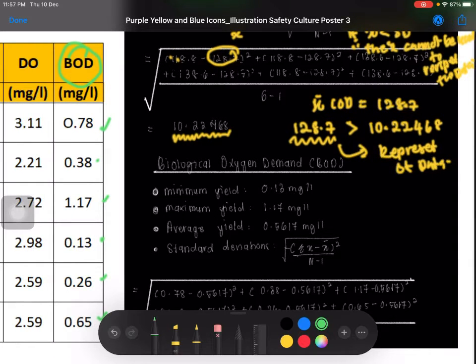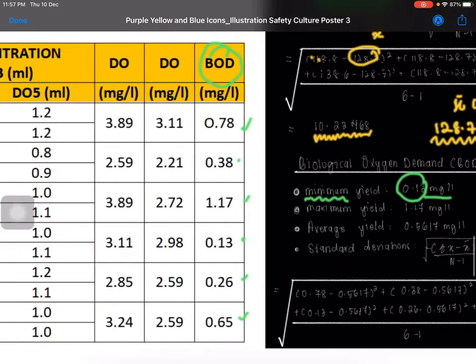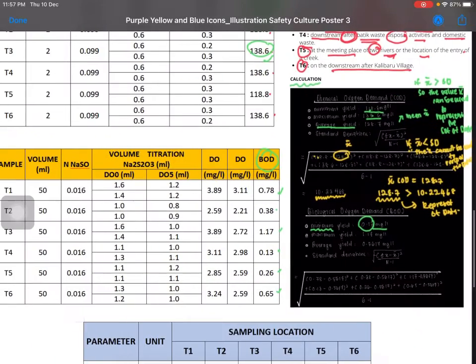So the first thing you can see here, the minimum yield for BOD is 0.13 milligram per liter, because in this data you're not using this one or this one, you're using this one. To get the BOD there is a formula, but I can't remember the formula. I'm going to show you later.